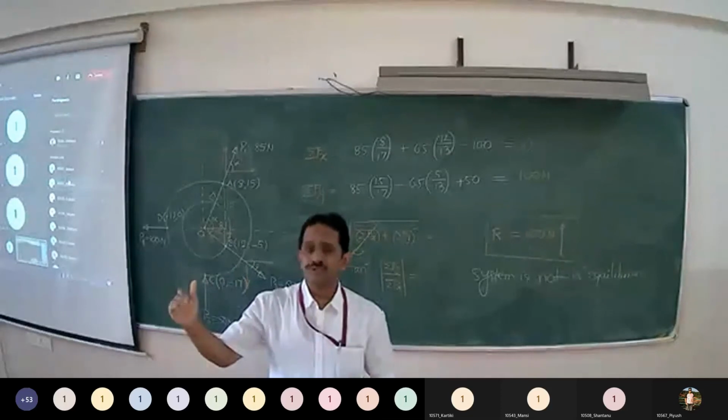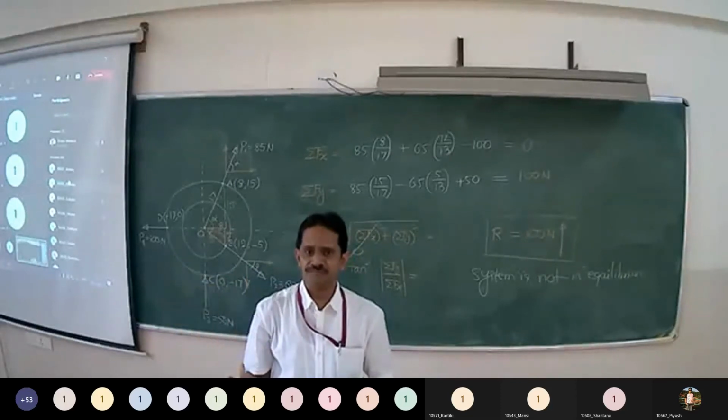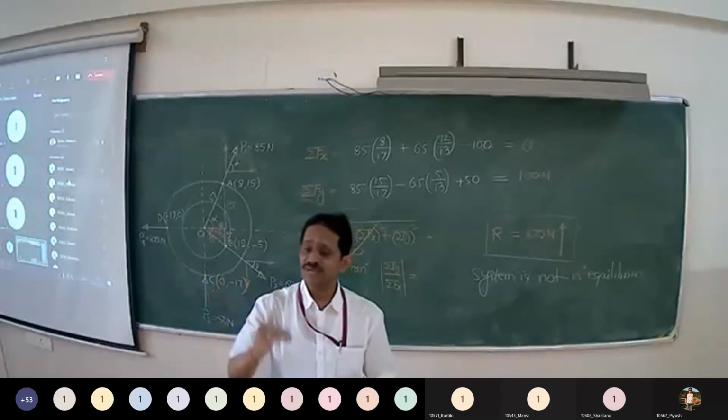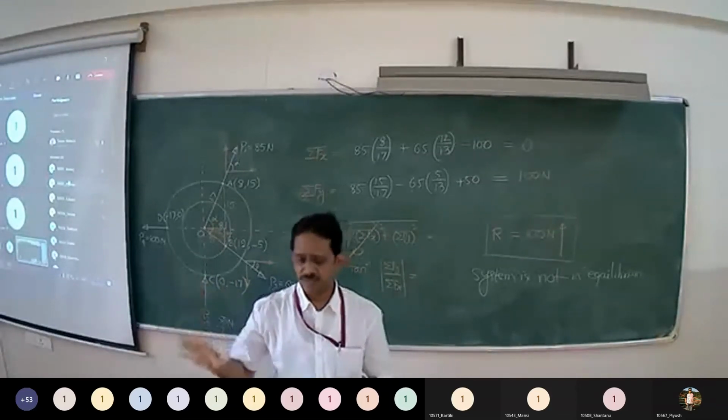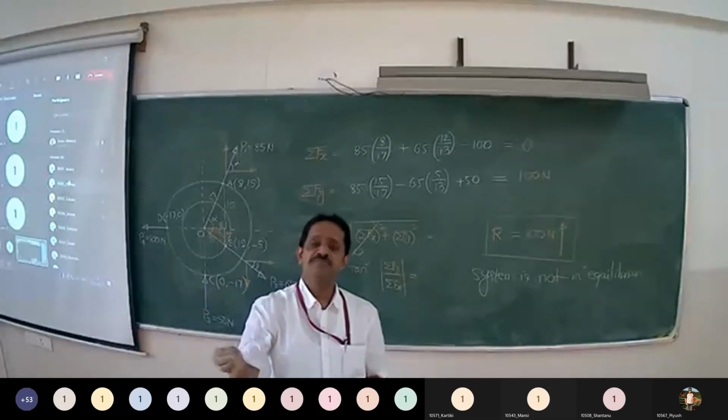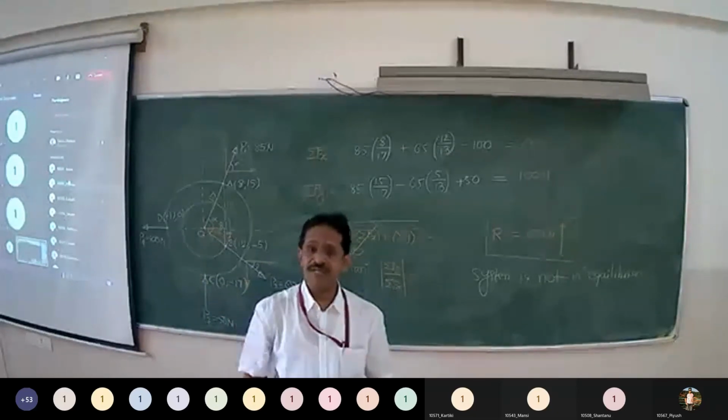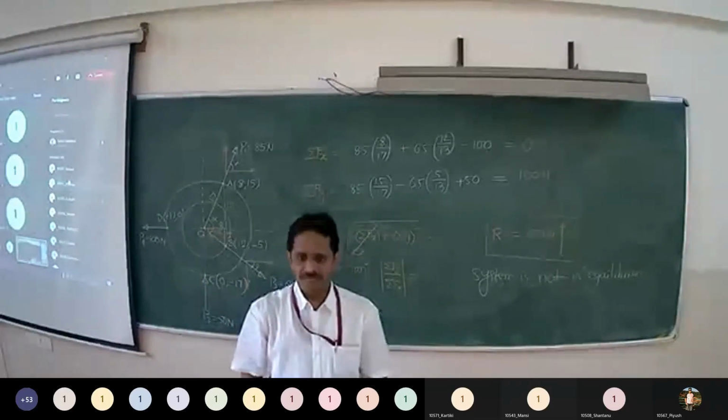You should not conclude that the system is in equilibrium. Is it clear? Being a general force system, you have to check for the moment also. You have to select any one point of your convenience and find out the algebraic sum of the moments of all forces about that point. If it is 0, then you can say that the system is in equilibrium.